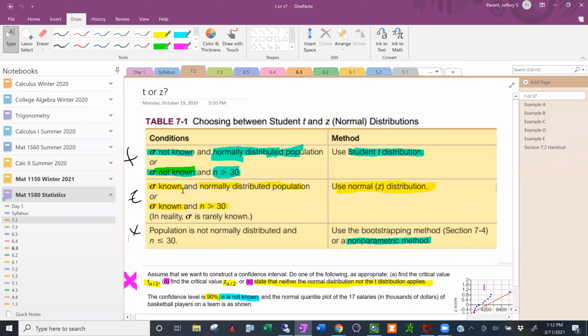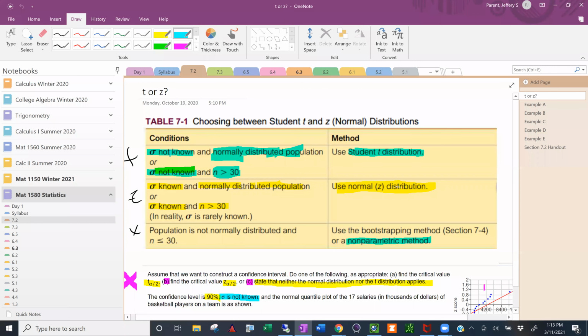What if you do know sigma? If you do know sigma, then your confidence interval is going to be based off of a normal distribution. So if you know sigma, and you can assume that the data is normally distributed, then you're going to use a Z. Or if you know sigma and your sample size is greater than 30, again, you're going to use a Z. So a couple circumstances there.